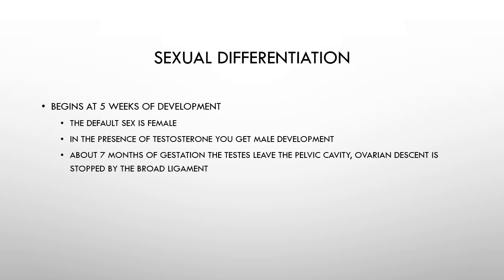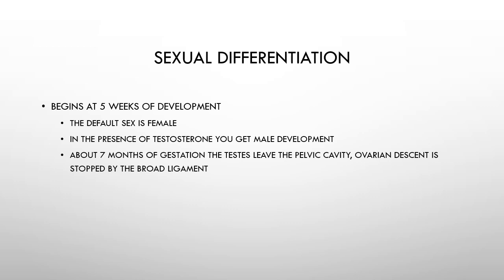And so essentially, if we take even an XY zygote and inhibit its ability to produce testosterone, we're going to end up with a sexually differentiated female. And so the presence of testosterone gets us to the male point. Essentially, the default is the female.